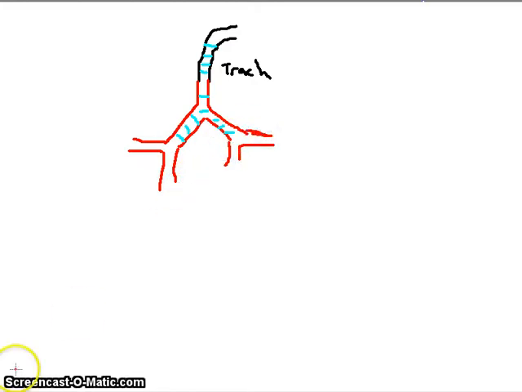The bronchioles do not present cartilage, they present only smooth muscles, and thus we are able to control them, to regulate the respiration through bronchoconstriction and bronchodilation. Alright.